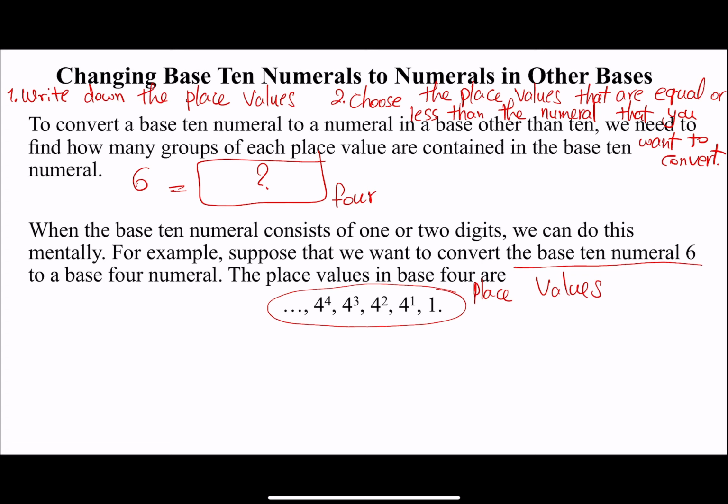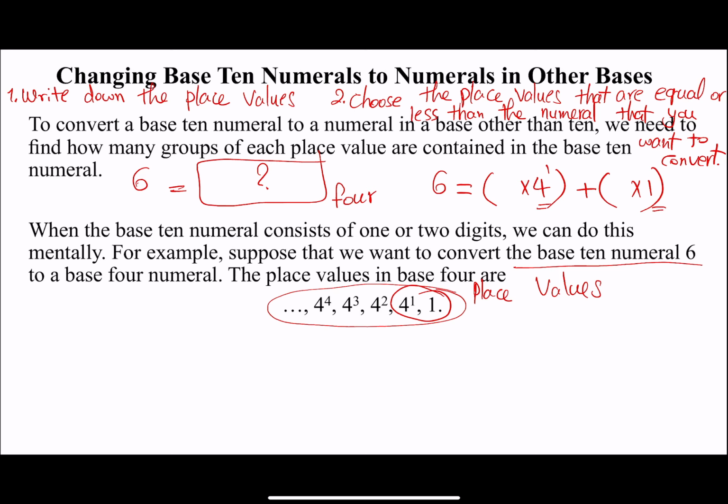So what are the place values that are equal or less than 6? Well, it's 1 and 4 to 1, right? So I choose the place values 4 and 1, which are equal or less than the numeral, here 6, that we want to convert. 4 to 1 is 4, and 4 squared is 16, so 1 and 4 are the place values that are equal or less than 6.